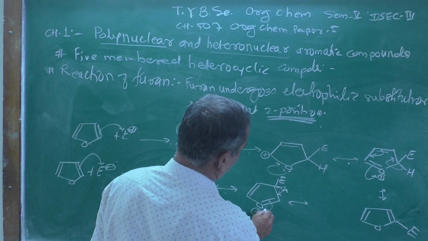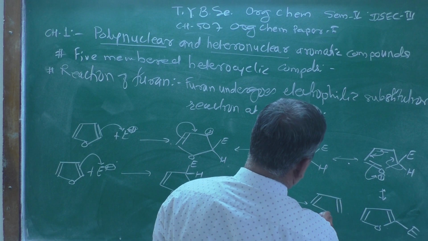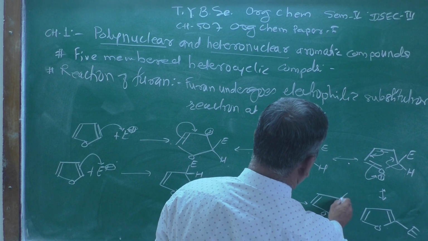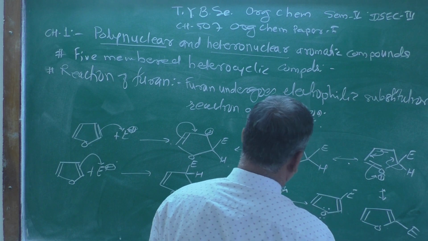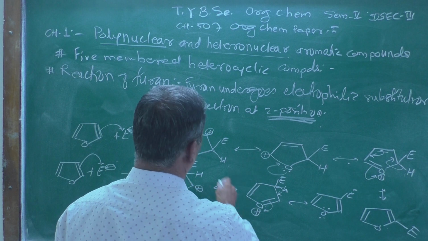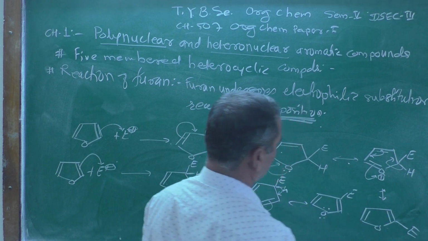So neutralizing this, you will get a number of structures. Suppose here is an electrophile, lone pair comes on, there are 1 and 2 structures, but in this case 1, 2, 3 and 4 structures.